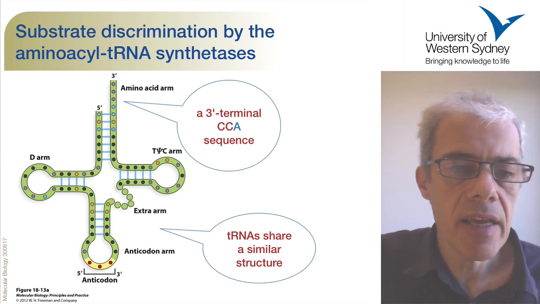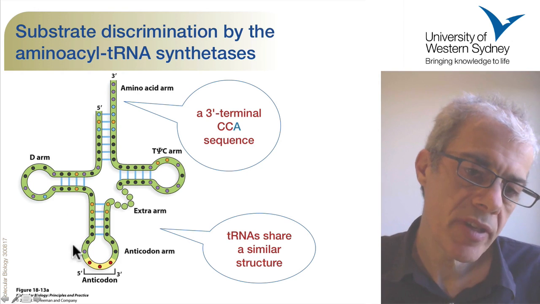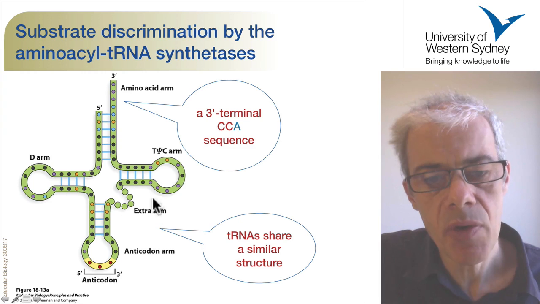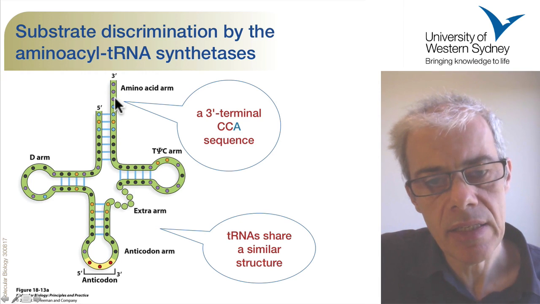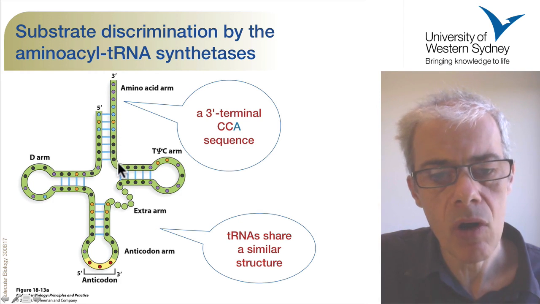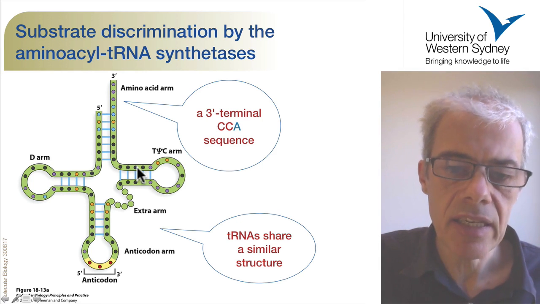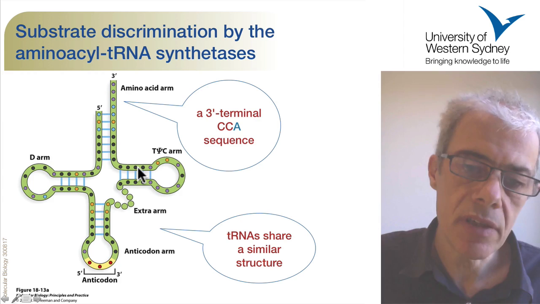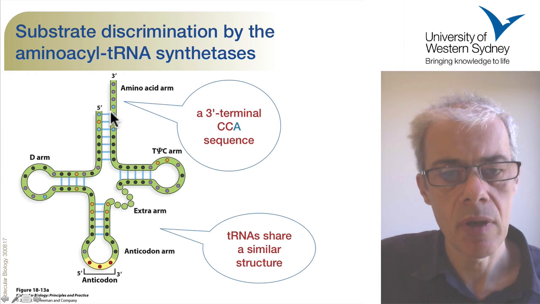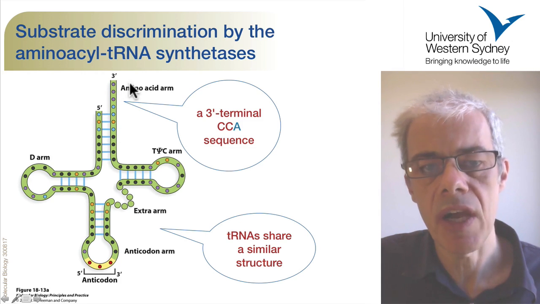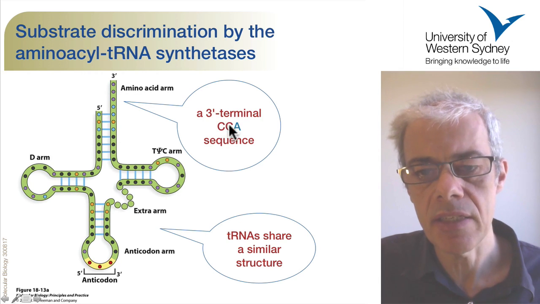So here we have a cloverleaf representation of a transfer RNA, and shown here is a color coding of the bases to indicate how similar they are between different transfer RNAs. So the 3' terminal of all transfer RNAs contains CCA.